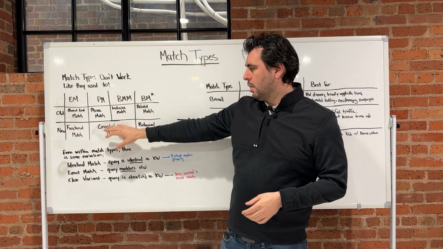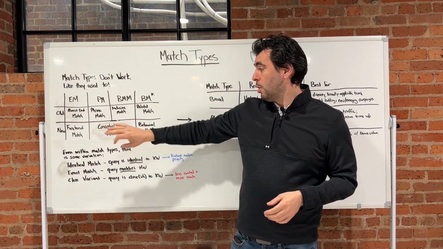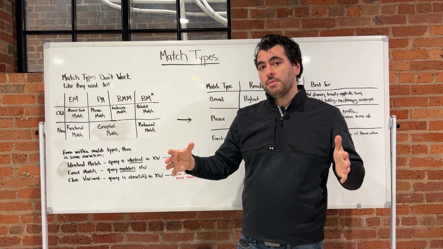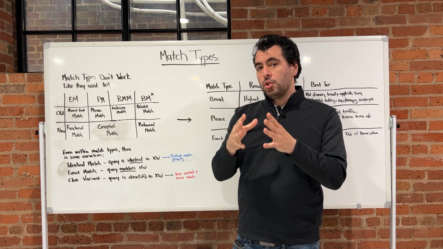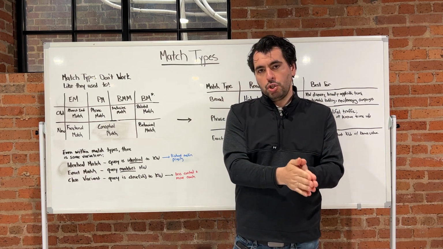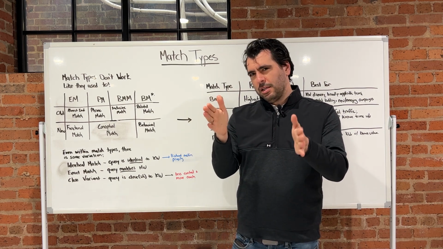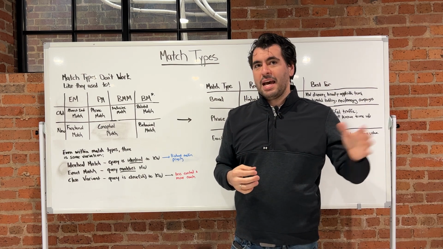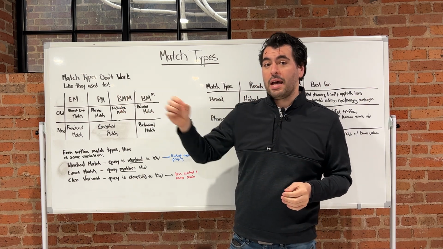Functionally, it's kind of looking for the same thing. Phrase and broad collapsed into conceptual match, which essentially functions like a broader phrase match and matches to any search that is conceptually related to or close to the actual search. So for men's hats, that might match to trucker hats.